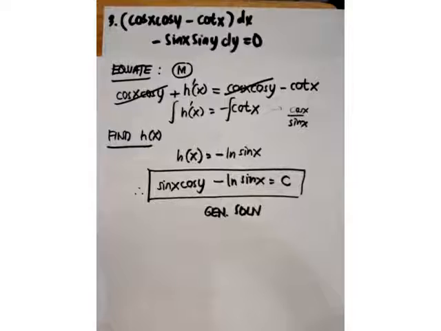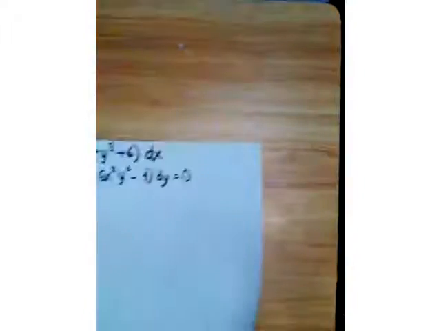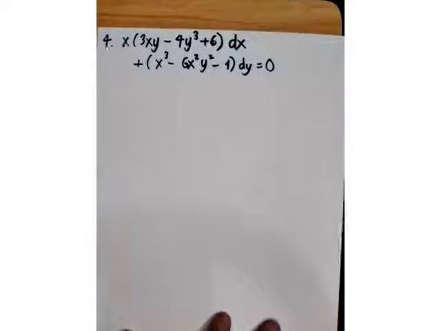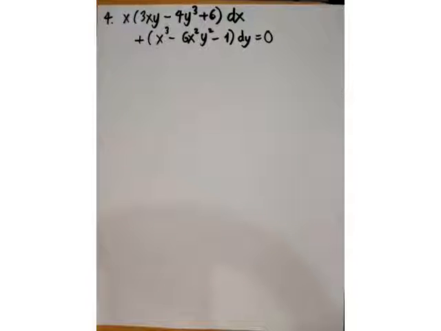Okay? So let's proceed to our fourth example. Okay. So we are given x times 3xy minus 4y cubed plus 6 dx plus the quantity x cubed minus 6x squared y squared minus 1 dy.